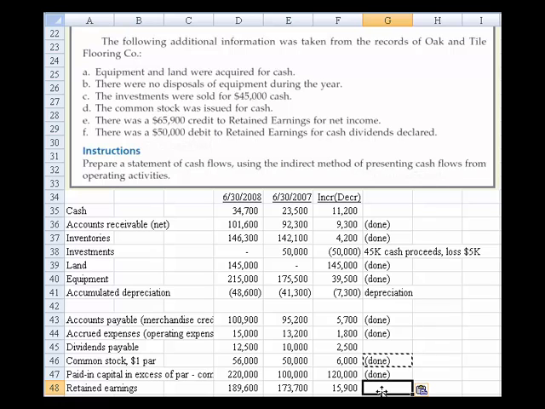All right, what else do we have to consider? Well, we know there was some dividends, and let's think about how we got to that 15,900. We knew there was net income of 65,900, and if I subtract 15,900 out of it, then it means I've got another 50,000 change that I have to account for. And that must have been the payment of dividends, right?